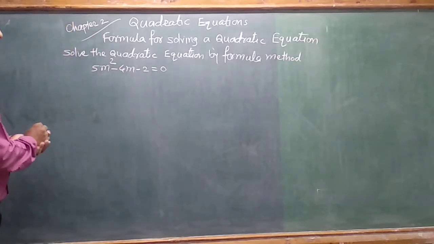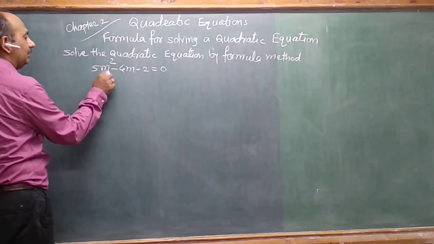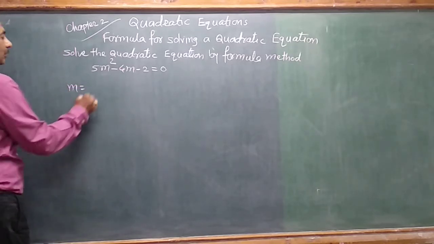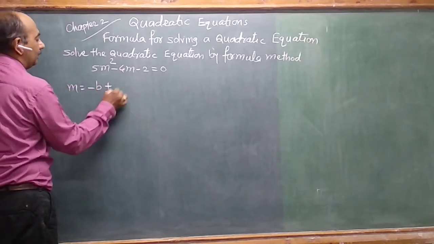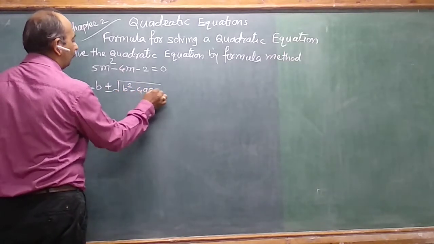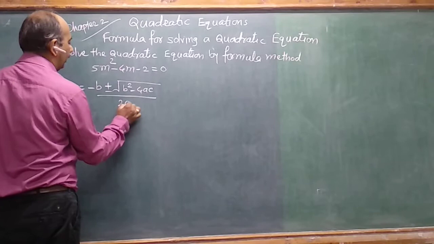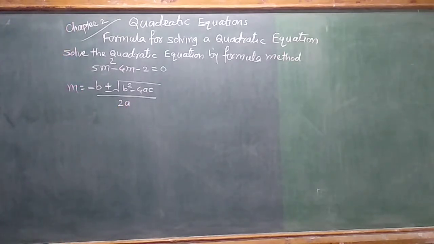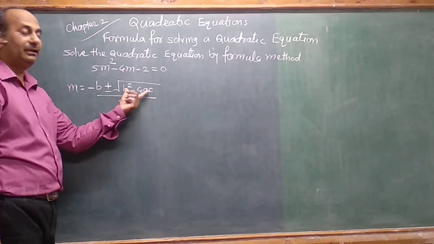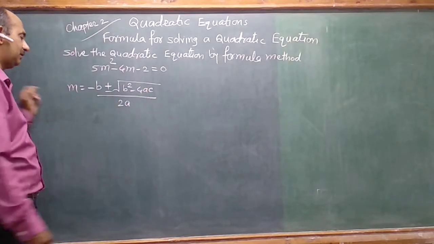Now, what is our formula? The given quadratic equation is in the variable m. Therefore, its roots are m is equal to minus b plus or minus square root of b square minus 4ac upon 2a. First of all, we are going to find the value of b square minus 4ac.